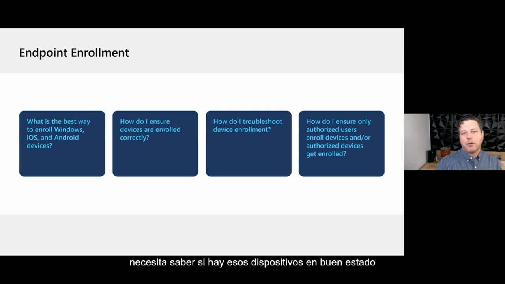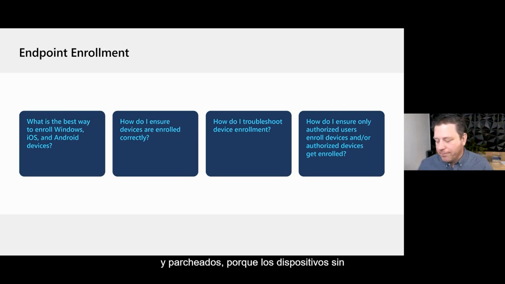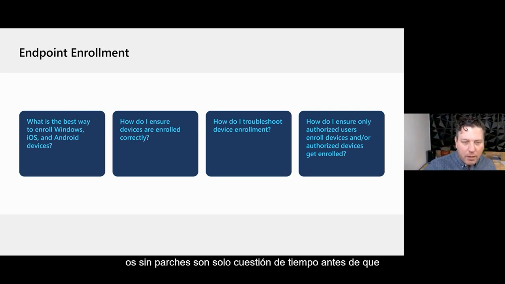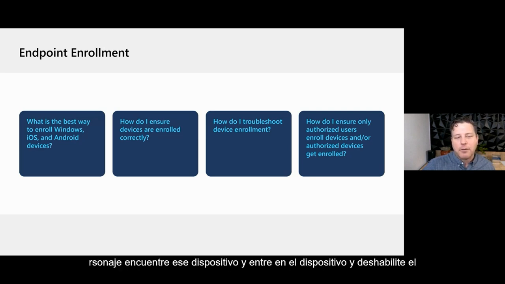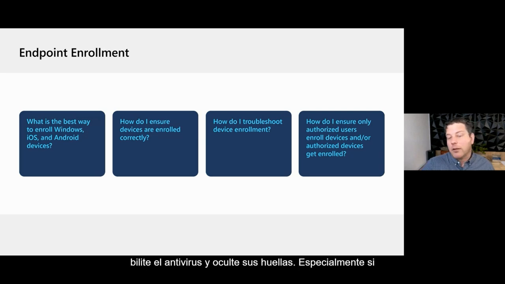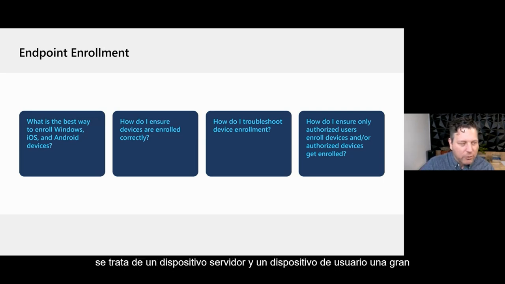You need to know if those devices are healthy and patched, because for unpatched devices, it's just a matter of time before some threat actor finds that device, gets on it, disables the antivirus and hides their tracks. Especially if it's a server device, user device.